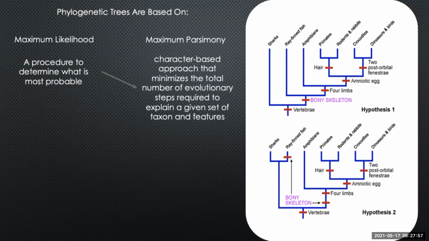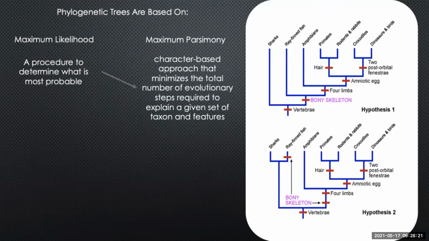This was originally done when we looked at character-based interpretations, morphological interpretations. The idea is that this approach attempts to minimize the number of evolutionary steps required to explain the arising of a particular taxon or feature.